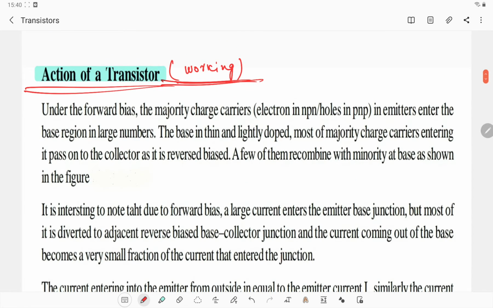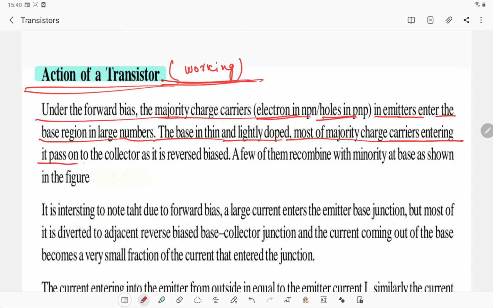See here. Under the forward bias, the majority charge carriers, meaning electrons in an NPN transistor and holes in a PNP transistor, in the emitter enter the base region in large numbers. The base is thin and lightly doped. Most of the majority charge carriers entering it pass on to the collector as it is reverse biased.